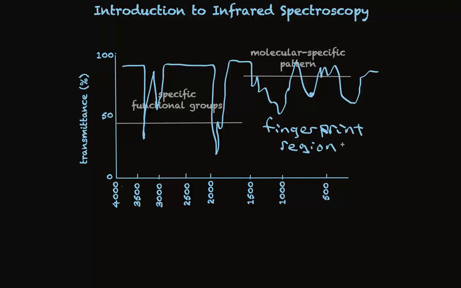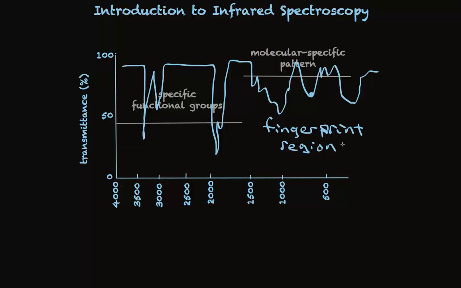No two different structures have the exact same fingerprint region. So if you think you know the structure of a compound, and you find in the table of spectra of compounds that exact structure, you can compare the fingerprint regions, and if they're the same, then that is the structure.